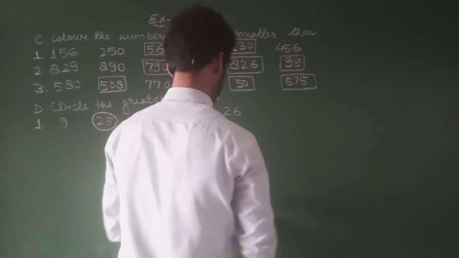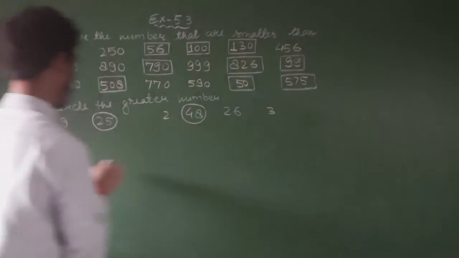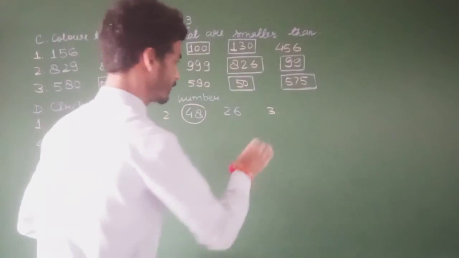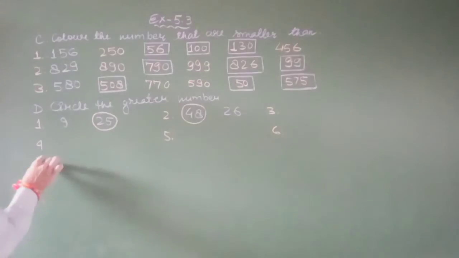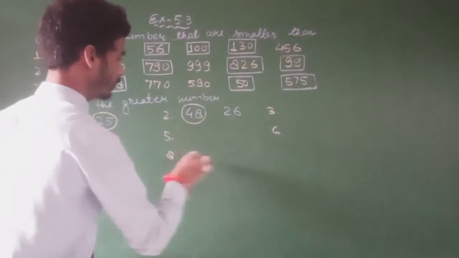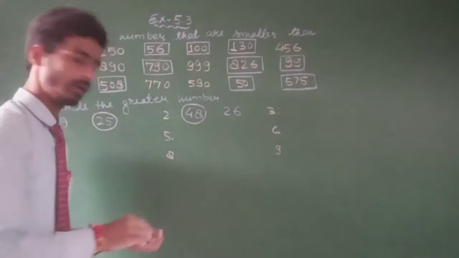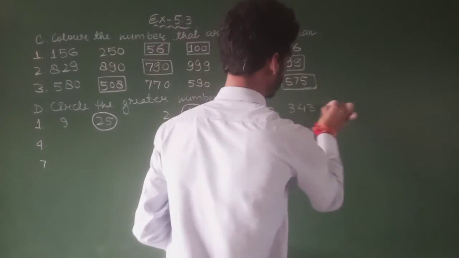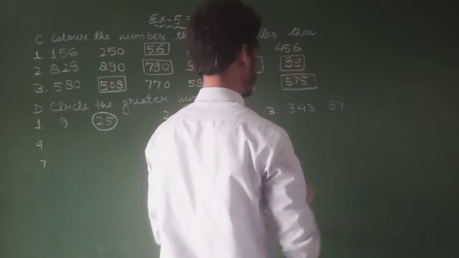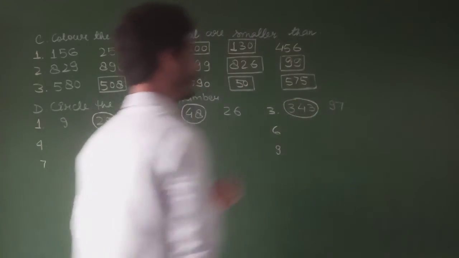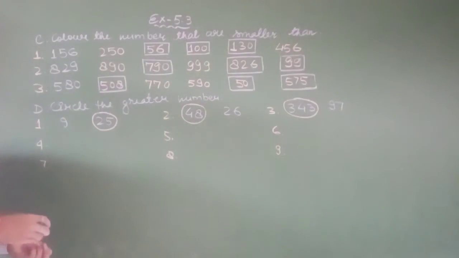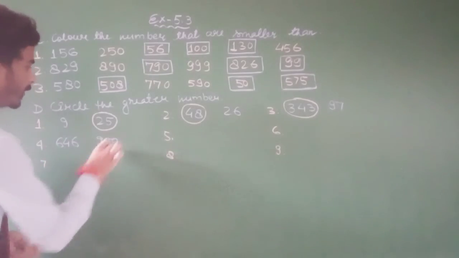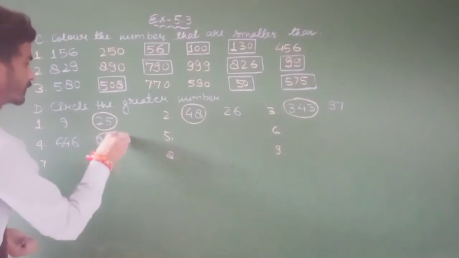In third, the numbers are 343 and 97. 343 is greater. Then in fourth, the numbers are 646 and 900. 900 is greater than 646.